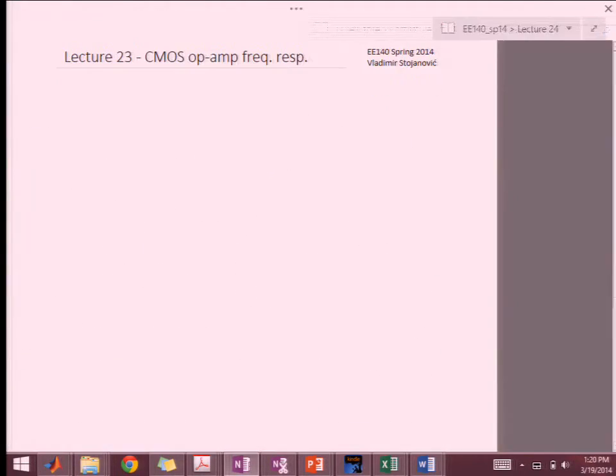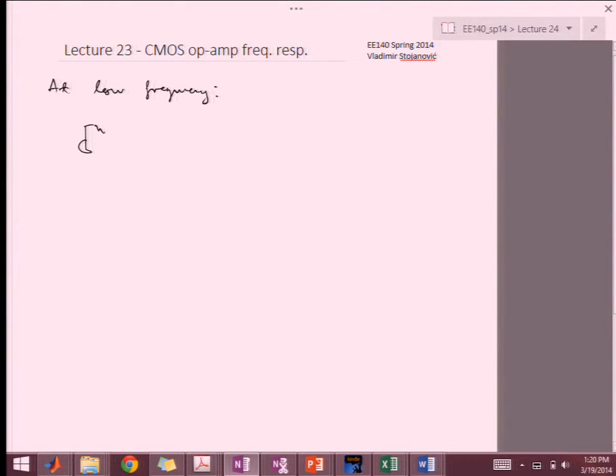So we're going to have this, which is kind of what we know already about the current mirror diff pair.